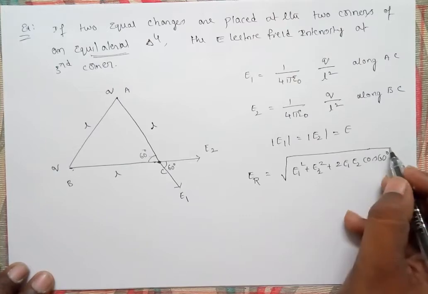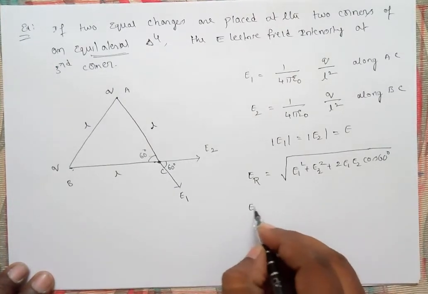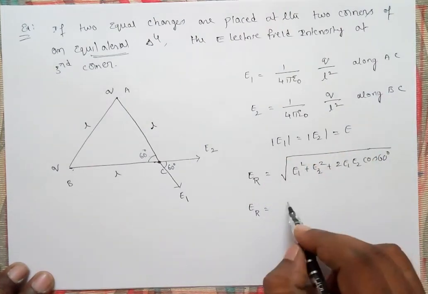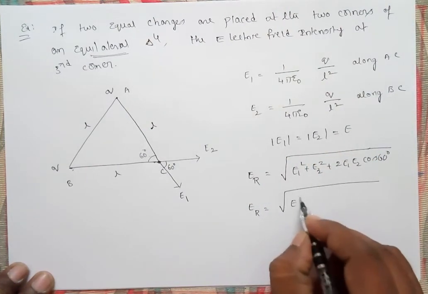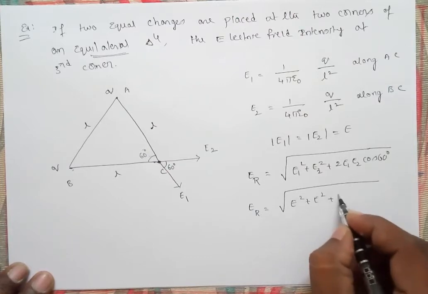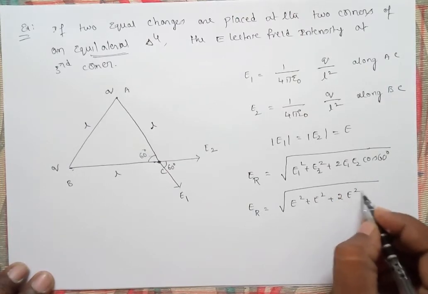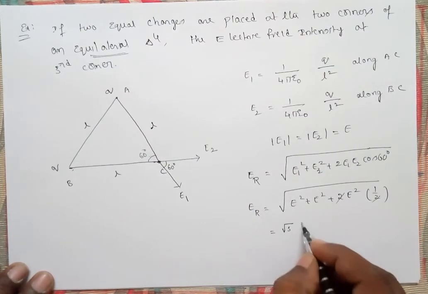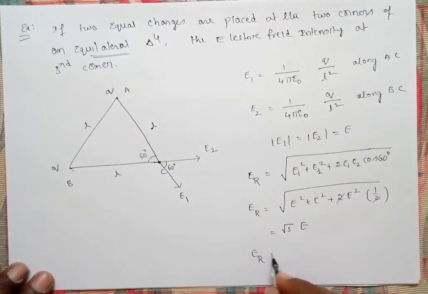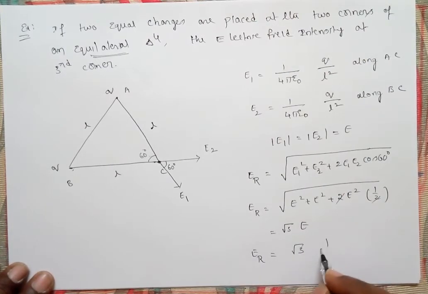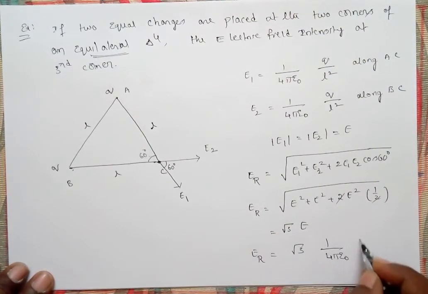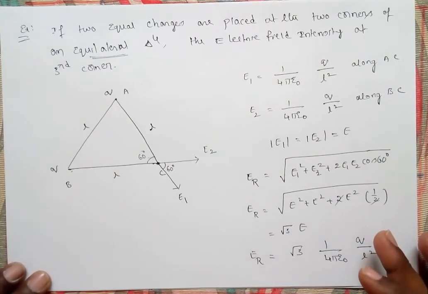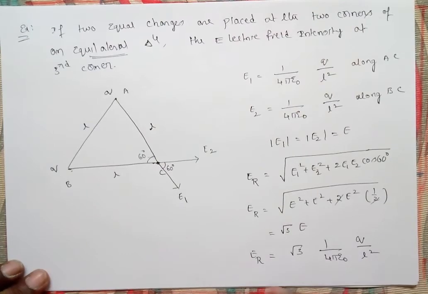Since both are the same, this is E square plus E square cos 60, which is 1 by 2, so it is root 3 times E. So the electric field intensity is root 3 times 1 upon 4 pi epsilon naught Q by L square. Like this you can find the electric field intensity at this place.